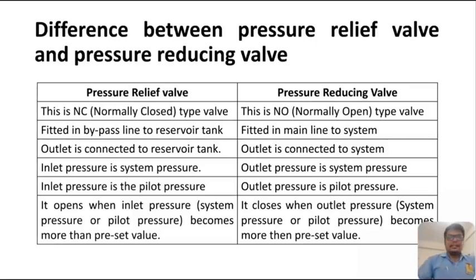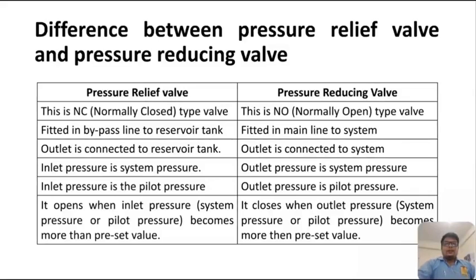Second difference: the pressure relief valve is fitted in the bypass line to the reservoir tank, and on the other hand, the pressure reducing valves are generally fitted in the main line of the system.